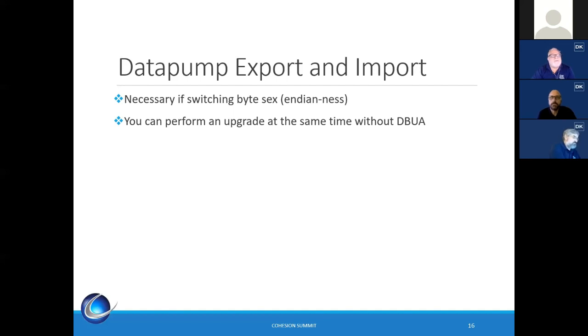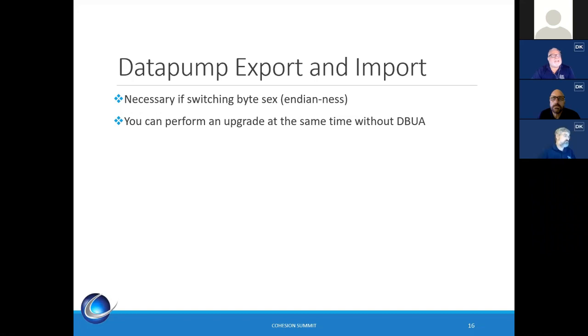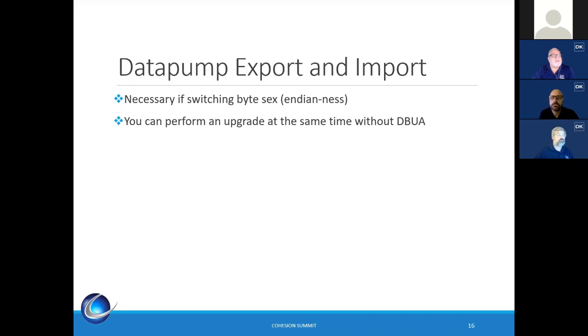I've done this to get from 12.1 to 12.2 in an environment where I could not touch the production system at all. I could just get access to go into the database and pull data out with Data Pump, and I was able to do that to get from 12.1 to 12.2 on the same platform.